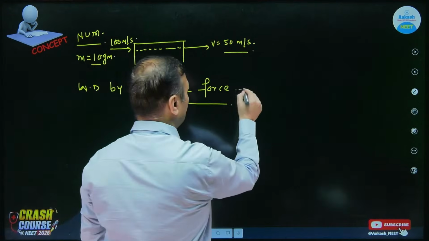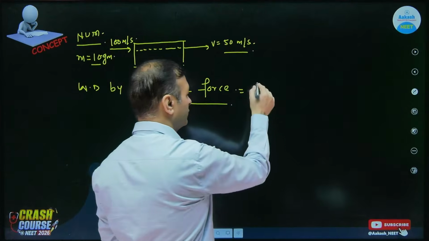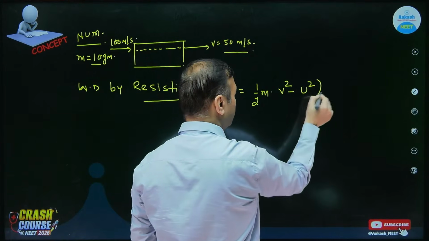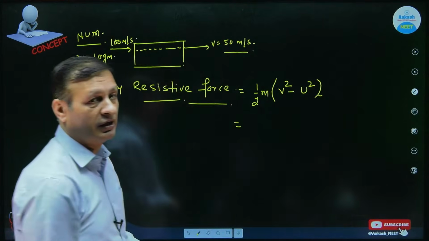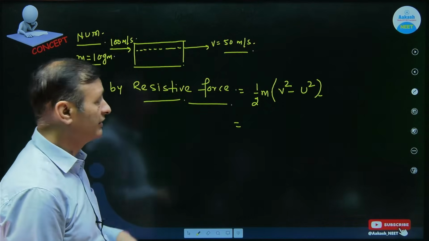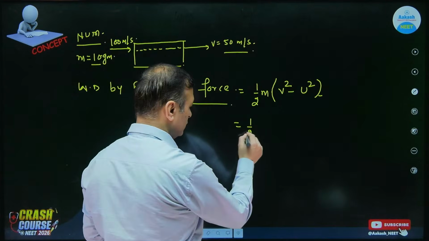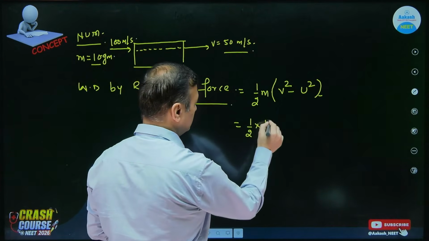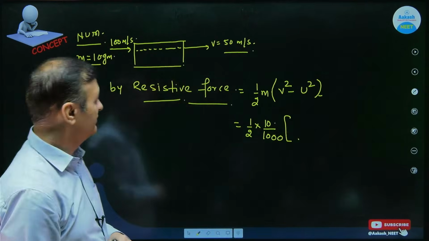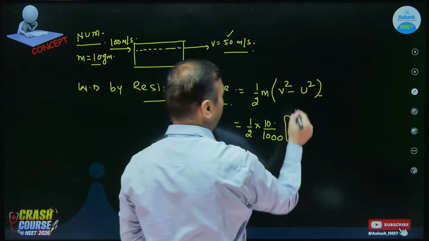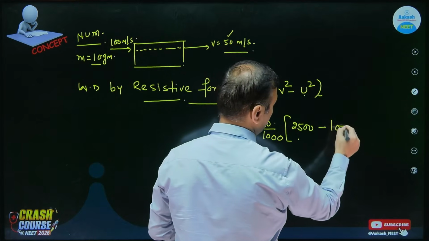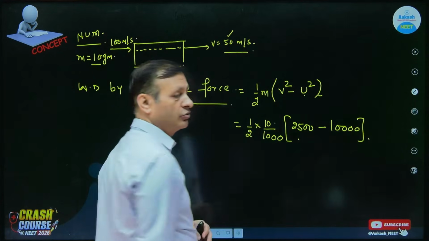So we know the change in kinetic energy, half m v square minus u square, defines primarily the work done. If this work done comes out to be negative, it means it is the work done by the resistive force. So this is half, mass is 10 grams, so that means 10 by 1000, so that keeps you in the SI system. V, final velocity, is 2500 minus u square is, you got it or not?